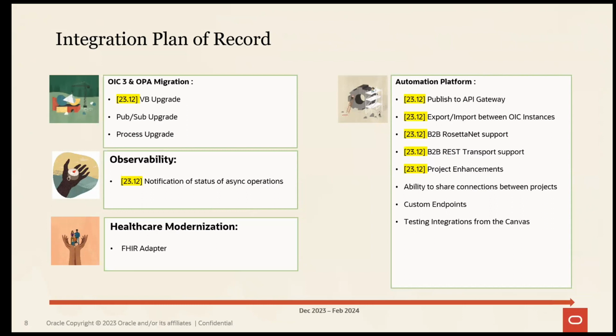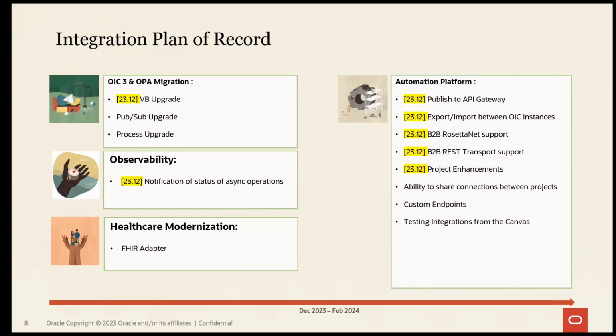And of course, there were some parity issues, but Visual Builder apps can now be upgraded to OIC 3 automatically through our upgrade process. The Pub Sub upgrade from Gen 2, of course, will be morphing into the OIC events I just talked about in OIC 3.